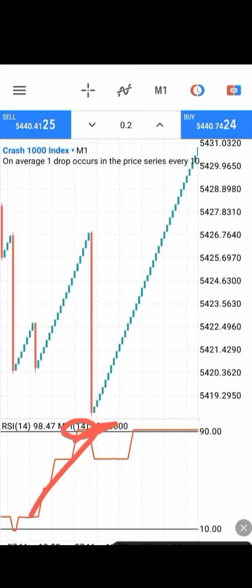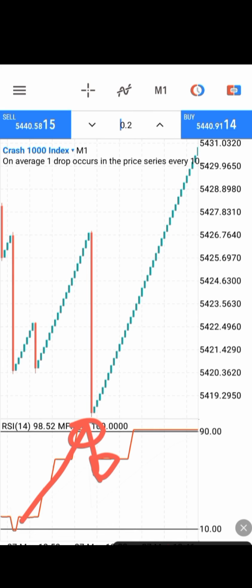You understand? So when it comes to the level 90 of RSI, please don't do anything yet. You are not meant to do anything. We are waiting for that spike to happen, because normally we know that the market has come to the overbought region, so definitely a spike will happen, but we don't know the time it will happen. So we have to wait for that spike to happen. Once the spike happens, then enter for buy.